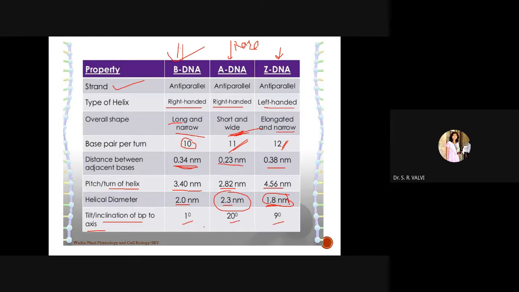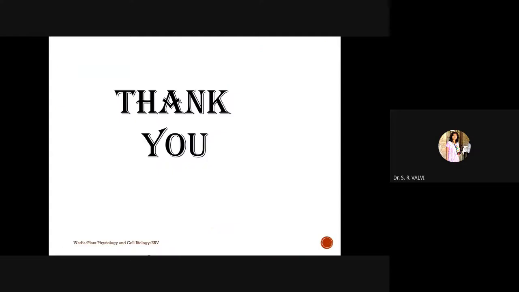So likewise, we have seen the difference between A, B, and Z type of DNA. By remembering this difference, you can write your answers, right? I have explained the types of structure as well as the types of DNAs. So thank you very much.